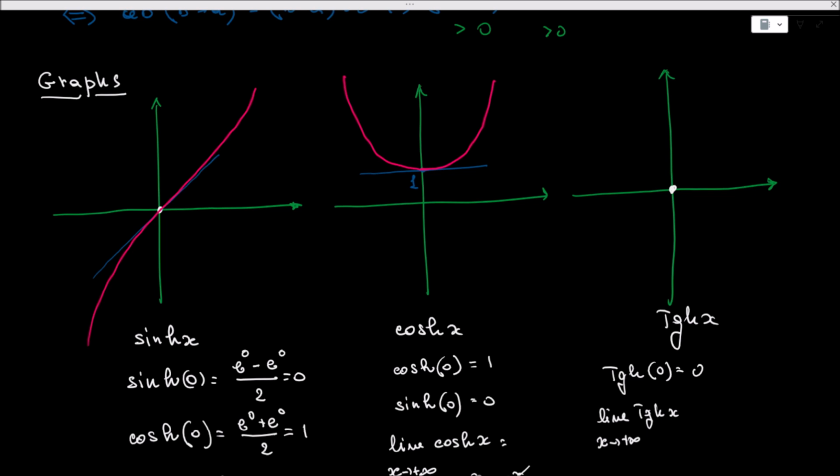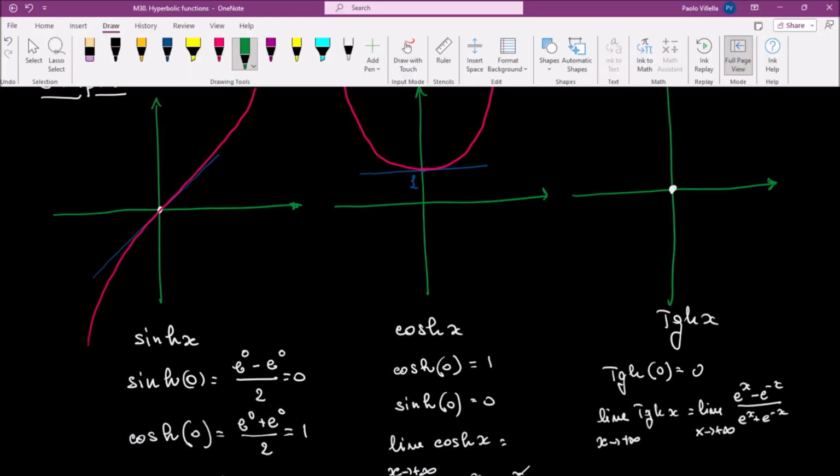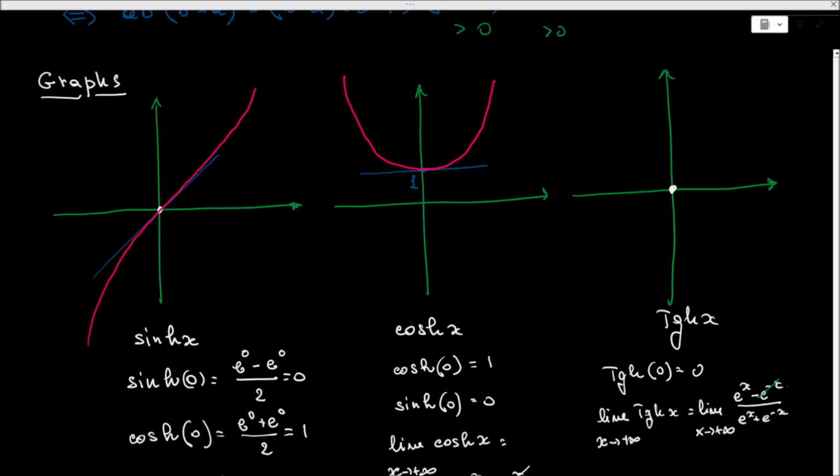Okay, good. So this is equal to the limit as x goes to plus infinity of e to the x minus e to the minus x over e to the x plus e to the minus x. But again, we can easily neglect these.